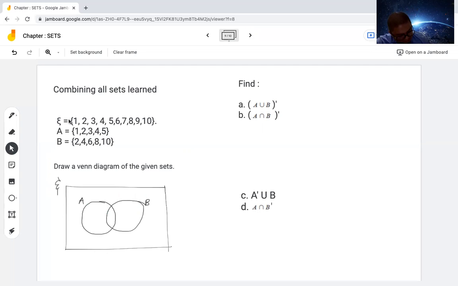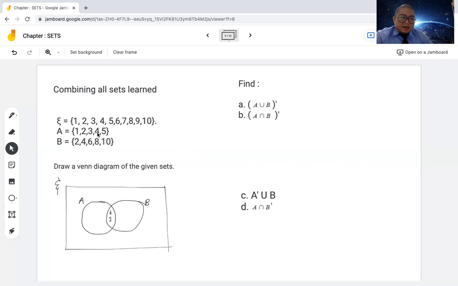So let me just highlight them. I can see the 2 here, and I can also see the 4. So when I put it in the Venn diagram, I will just put the 2 and the 4, in no particular order.